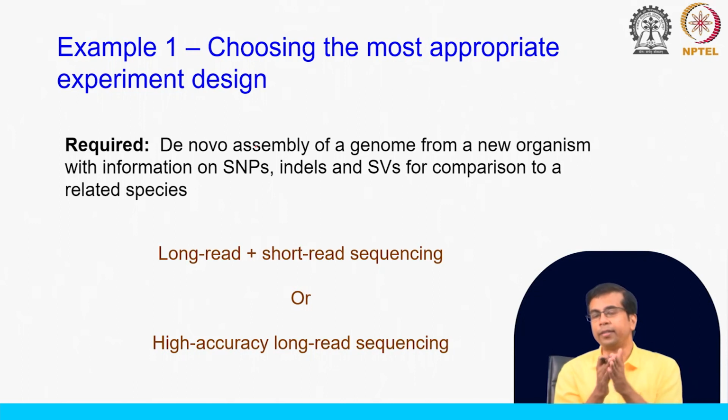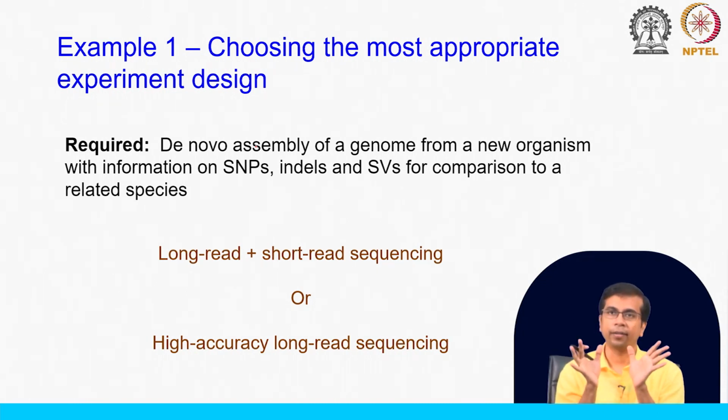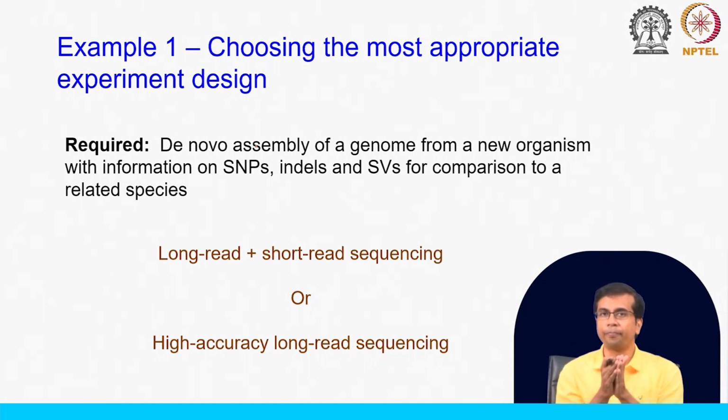So, the solution is you can probably use long read sequencing plus short read sequencing. You can use this combination of both, because long reads, which may not be like traditional long read methods, which may not be very accurate, can give you the structural variant information, and they can help in the genome assembly process. Whereas short reads are much more accurate, as we have seen.